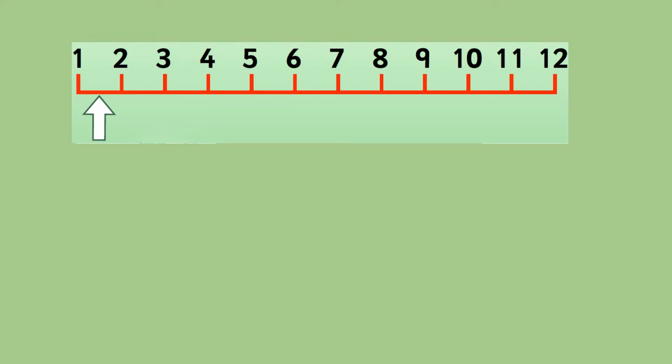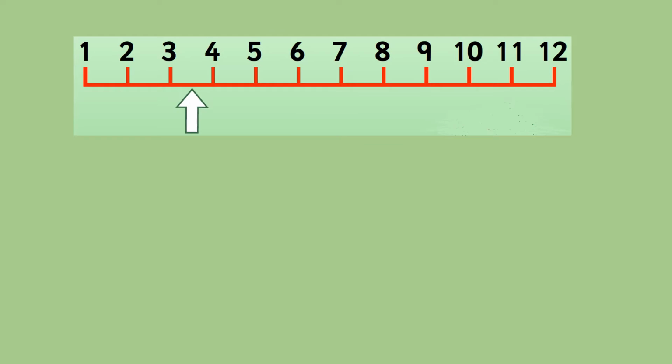Look at this arrow. How would you describe where the arrow is pointing? The arrow is halfway between 1 and 2, so you could say it is halfway past the 1. Now, how would you describe where the arrow is this time?